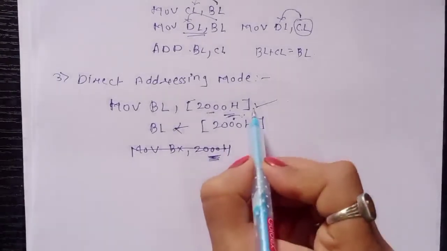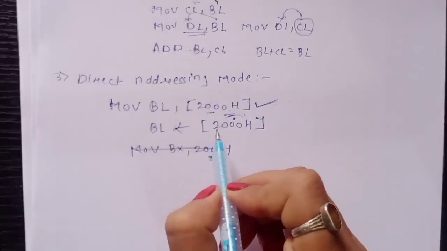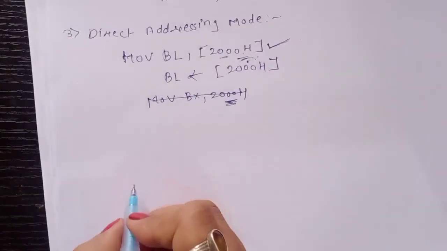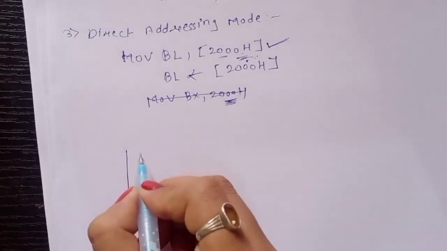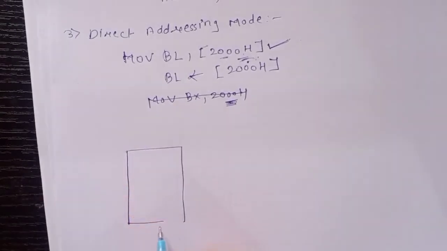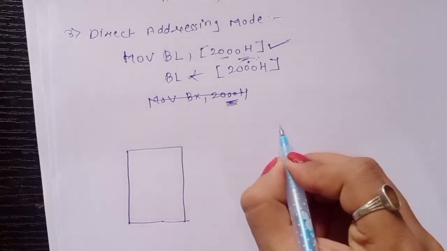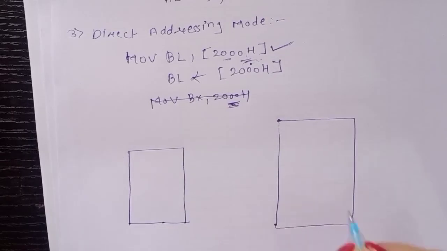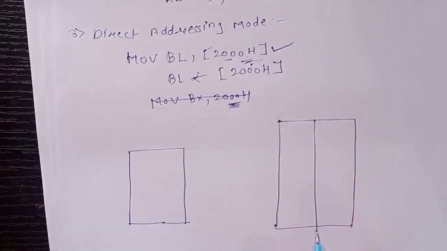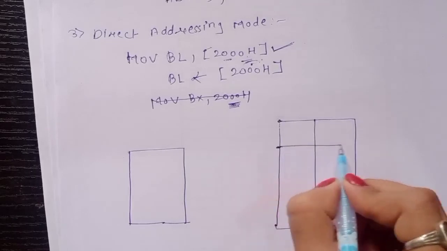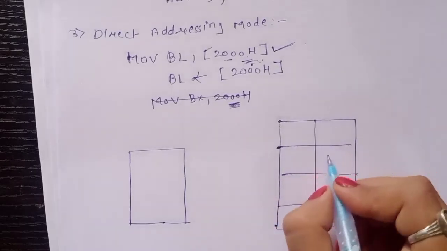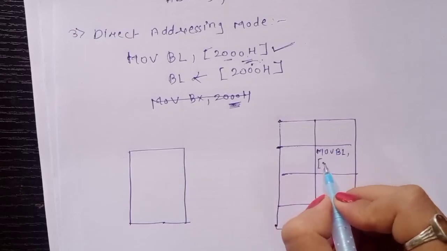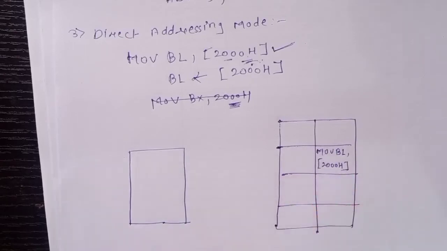Now in direct addressing mode we have to work on this instruction. So now let's say this is a processor. This is the memory, and these are the instructions stored in the memory.